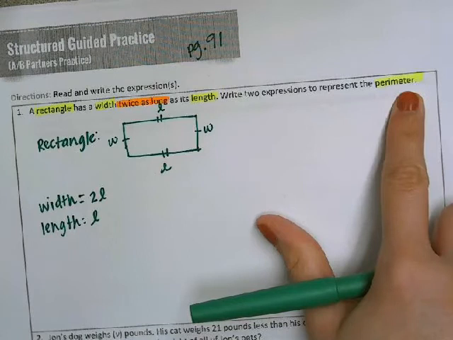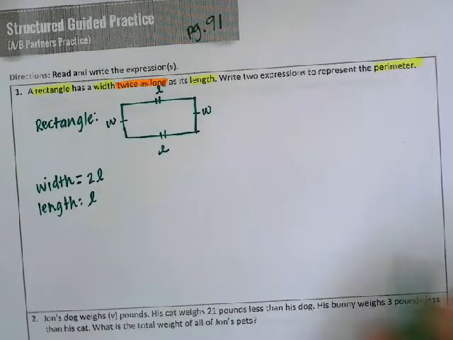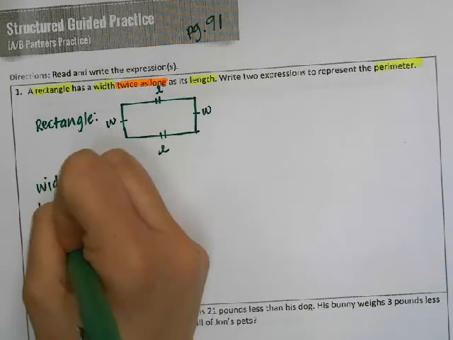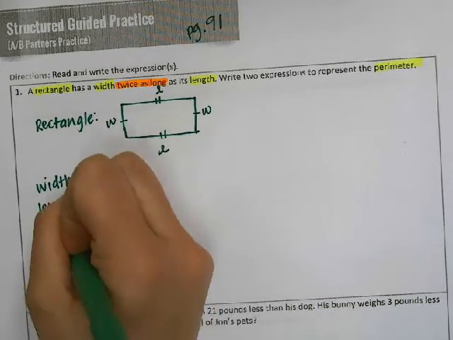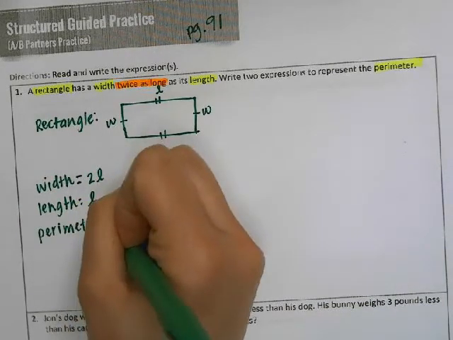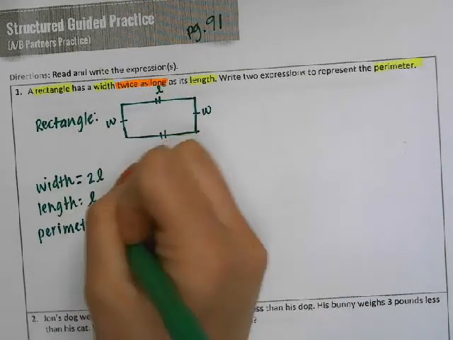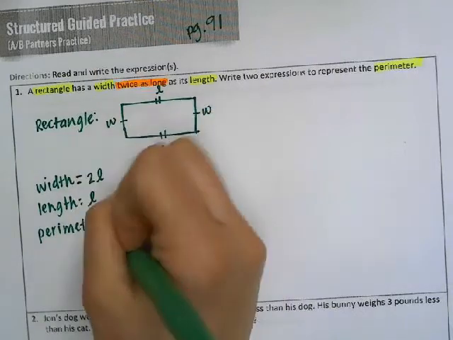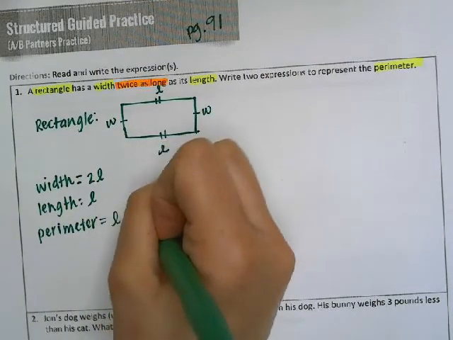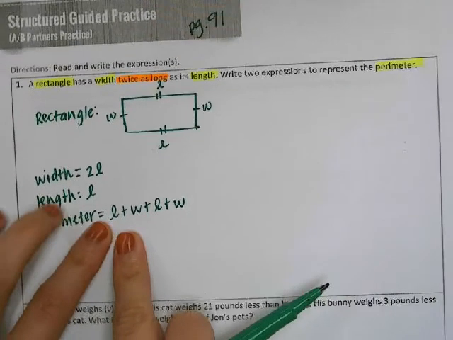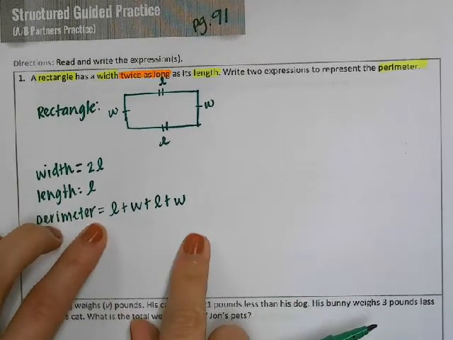Now perimeter. Perimeter is what we're trying to find. We know perimeter is when you add up all the sides. Perimeter equals length plus width plus length plus width, right? We're adding all the sides up. Here I'm going to combine my like terms.